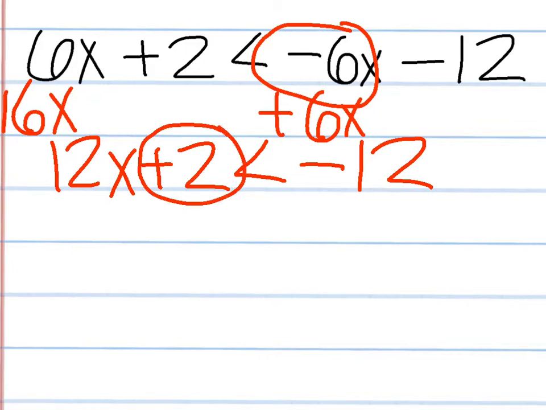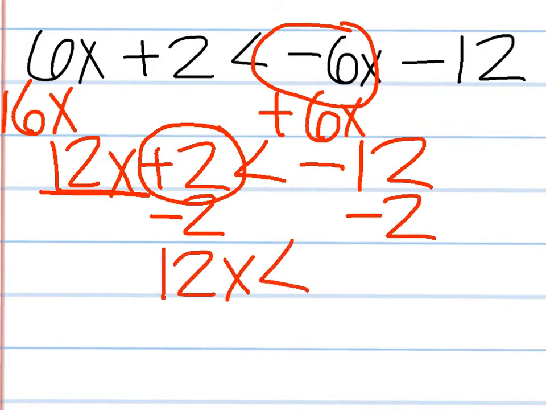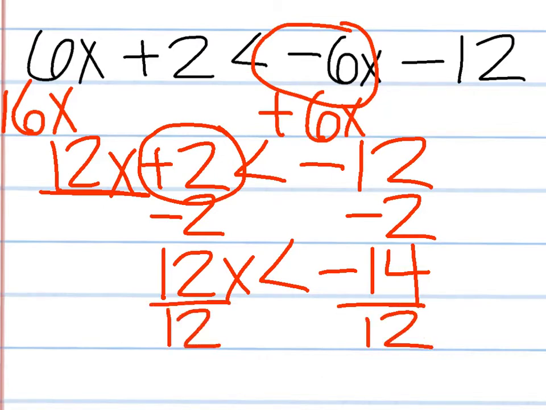Now we want to move our number to the other side so we can get our variable by itself on one side. So we're going to subtract 2 from both sides. So we'll have 12x is less than negative 12 minus 2, which is negative 14. And this is going to give us a fraction, so we'll divide by 12.